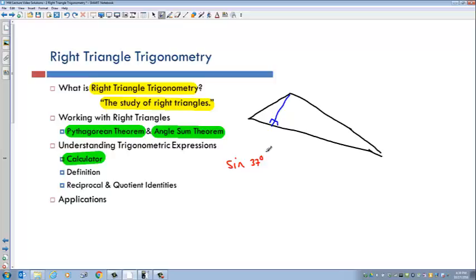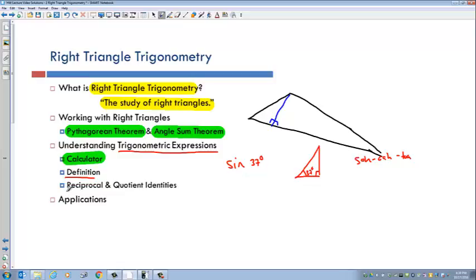You can give a physical interpretation of that number by constructing a right triangle with an angle of 37 degrees and saying, this number, sine of 37 degrees, whatever number you get on your calculator, is the length of the opposite side divided by the length of the hypotenuse, because of SOHCAHTOA, which is how we define those 6 trigonometric expressions: the sine, the cosine, the tan, the cosecant, the secant, and the cotan.